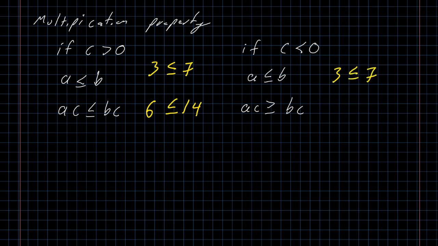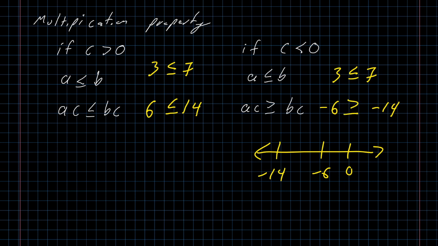If I multiply both sides of the inequality by -2, then I will get -6 and -14. Thinking about the way a number line works, very much not drawn to scale, but -6 is further to the right, -14 is further to the left. -6 is greater than -14. So there's a very clear example. Multiplying by a negative number changes the direction of the inequality symbol.